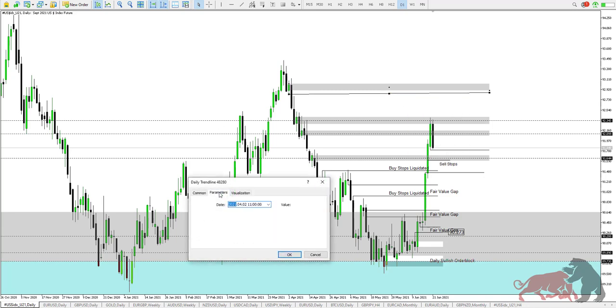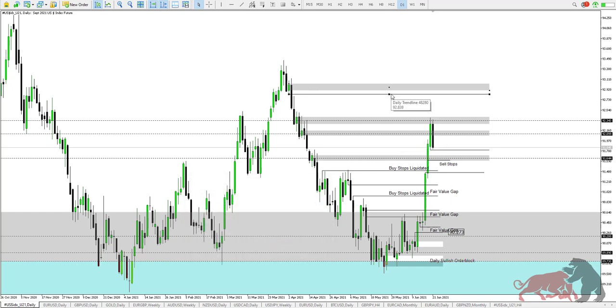You can see we've got imbalance on 92.80, 92.83, which is our institutional price point. So this is your long-term target on dollar index. Expect it to trade way above, taking out the buy stops above that level.